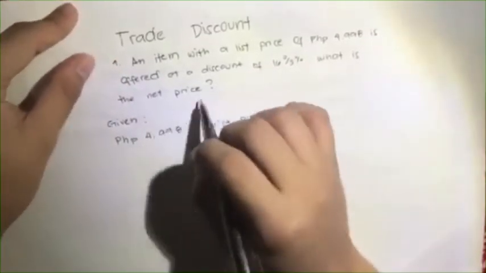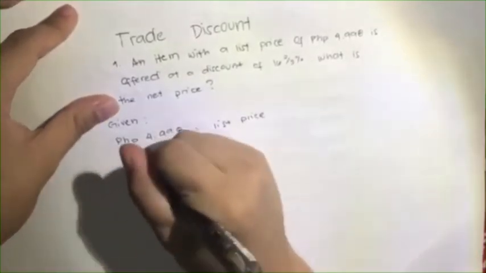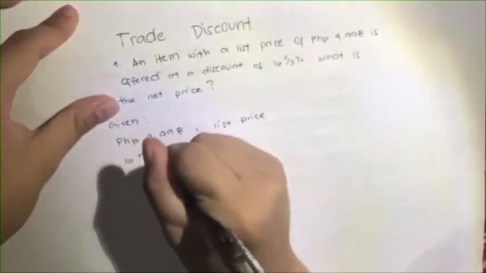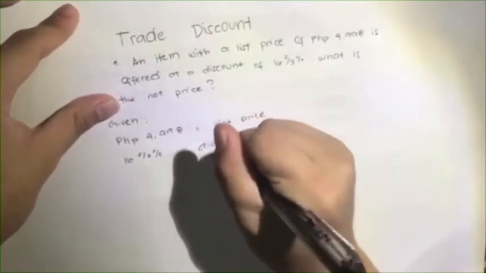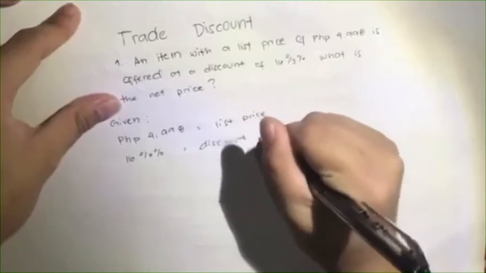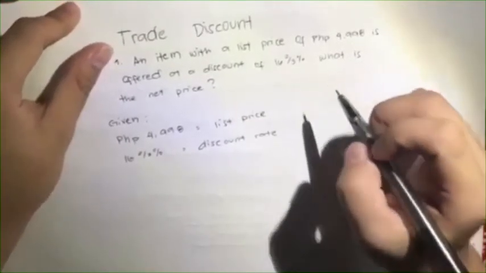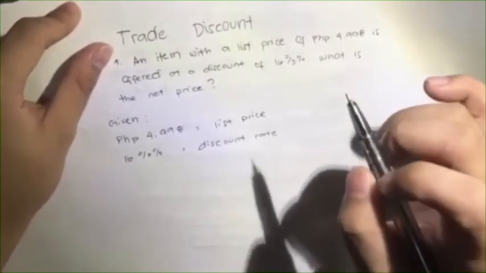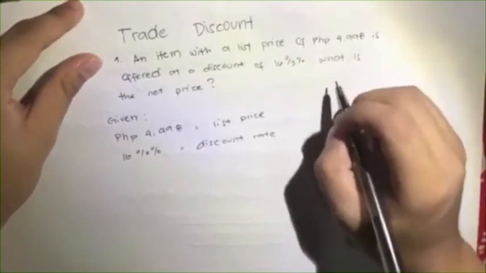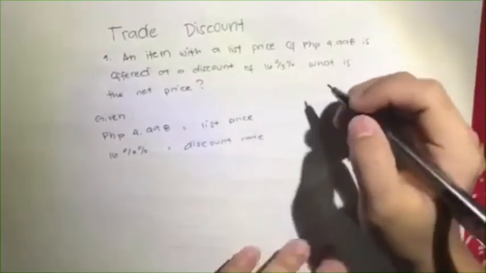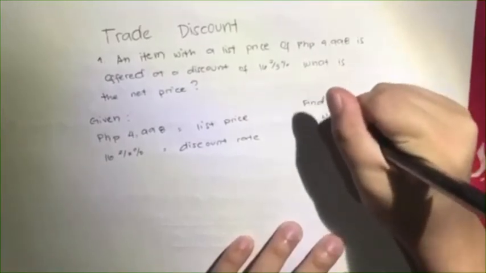Next, is offered at a discount of 16 2/3. So, meron tayo 16 2/3 na discount rate, dahil ito yung naka-percent form at ito yung rate na discount na ibabawas doon sa list price. So, ang hinahanap is what is the net price. So, hanapin natin is net price.